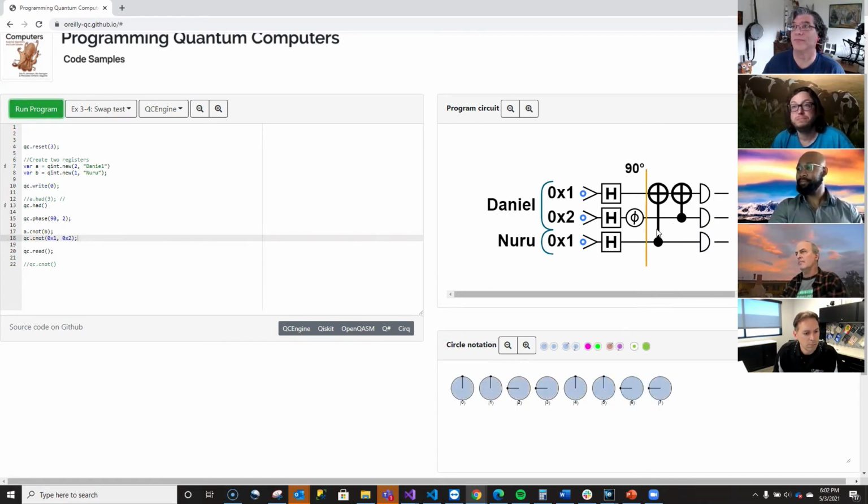Now, what do you think happens using the second qubit as the condition?